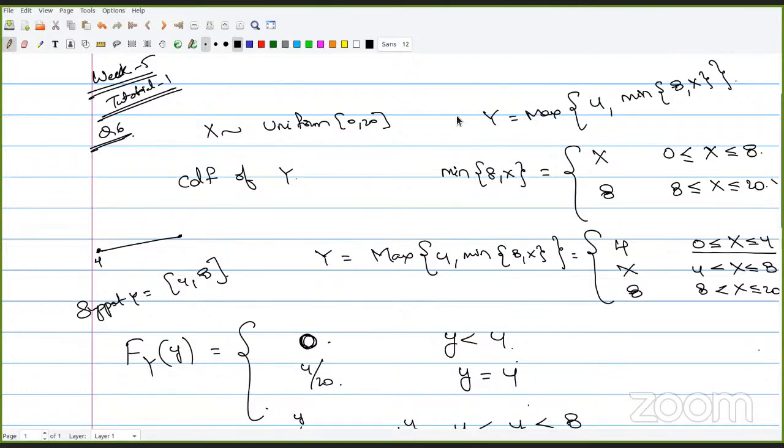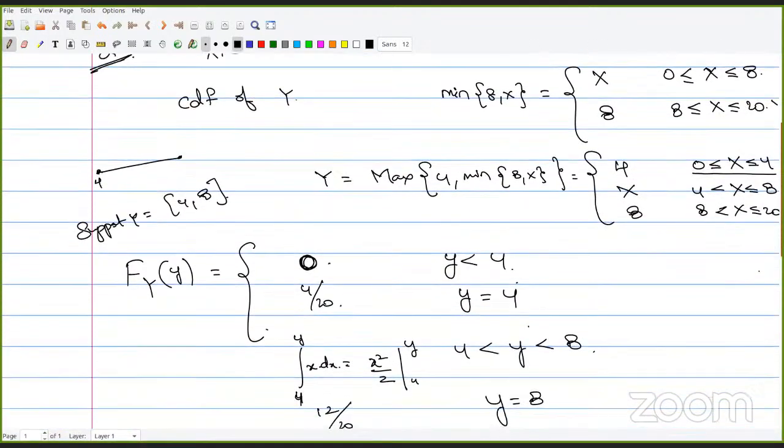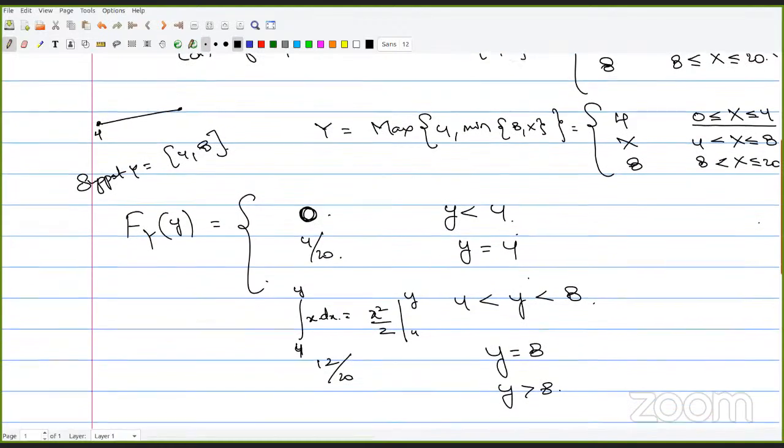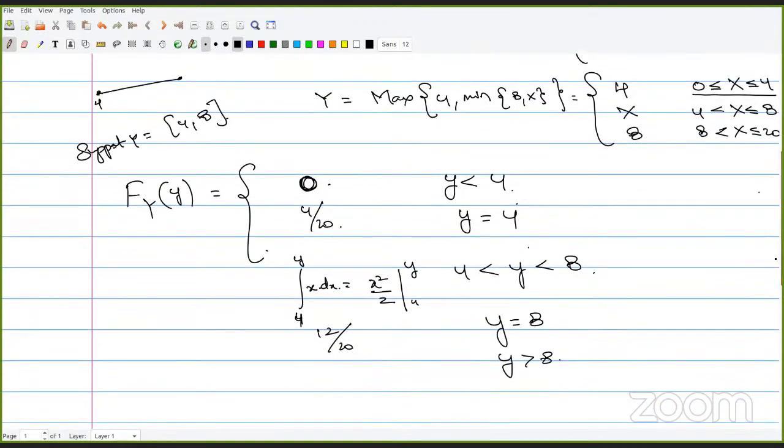So we are trying to find the CDF of y, where y is x when it is between 4 and 8. The CDF is the probability that capital Y is less than or equal to small y, but capital Y is x when it is between 4 and 8.